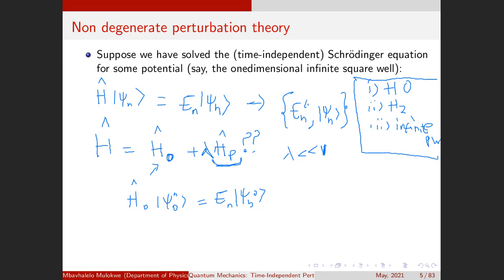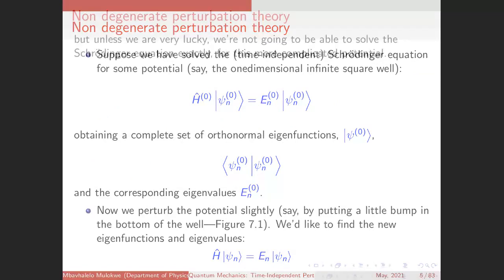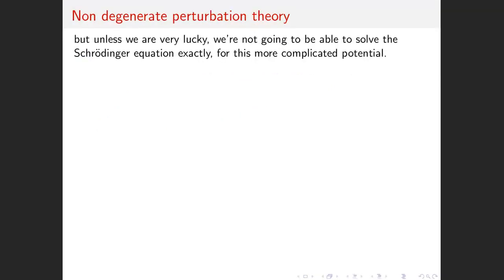So the example that Griffiths gives is that maybe you have an infinite potential well. This problem is very simple. We actually solved it.